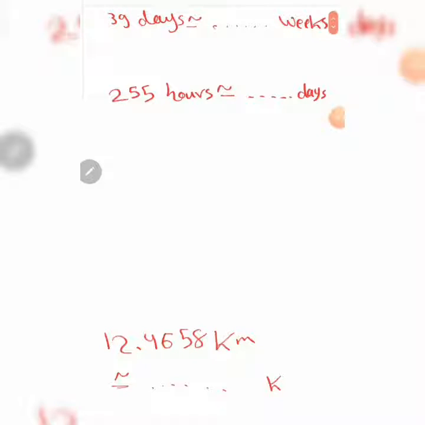Complete this, it is the last question. 39 days, approximate it into weeks. We must change days to weeks. A week has 7 days, so if I want to change days to weeks, I must divide it by 7. So I can change the improper fraction to a mixed number. Leave 7 as it is. 7 times what equals 39? 7 times 5, 35.